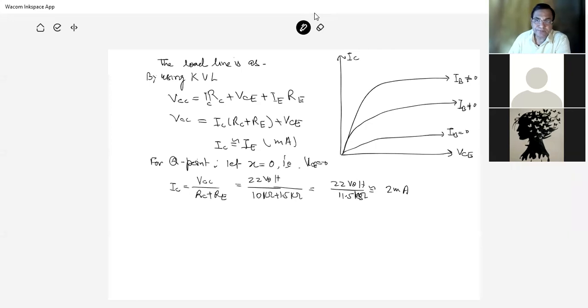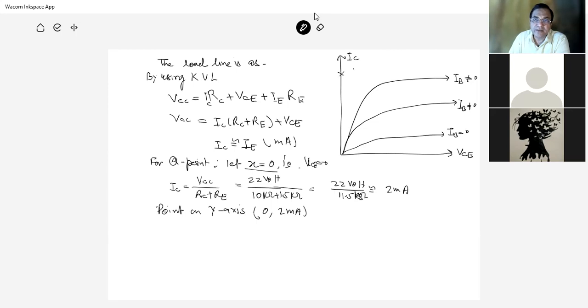So point on y-axis. Why is it y-axis? Because at y-axis x is equal to 0. The point is 0 and 2 milliampere. Y-axis point.